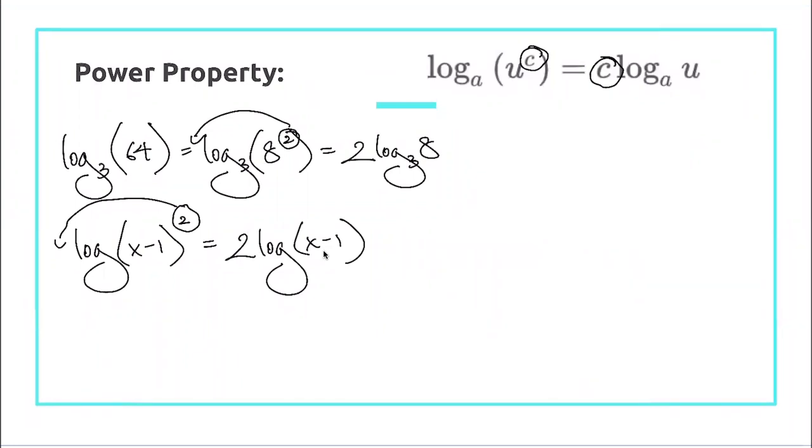Ah, okay, I see where that comes from now. Yeah, so if we want to square the log, usually we would write it like log of x minus 1, squared. So if we don't have that extra parentheses, then we're assuming the square only goes to that last part.